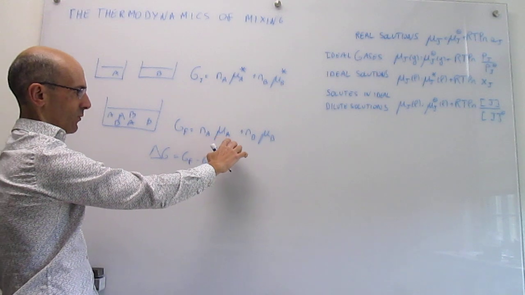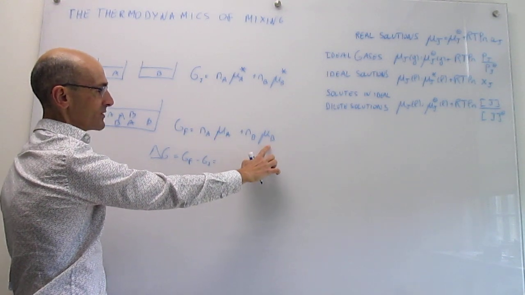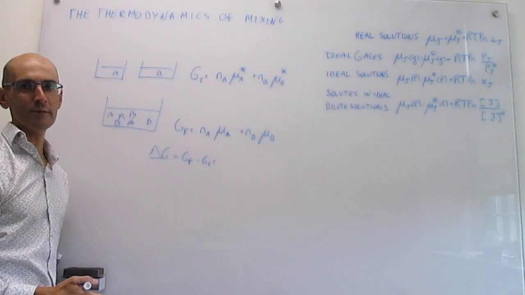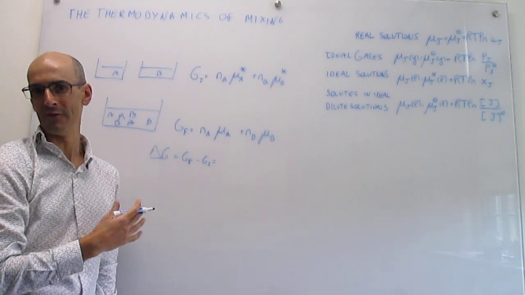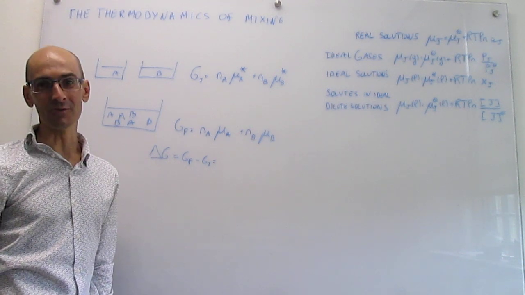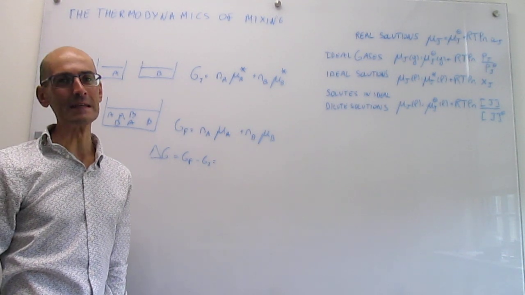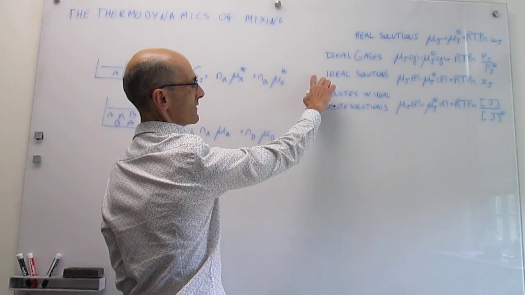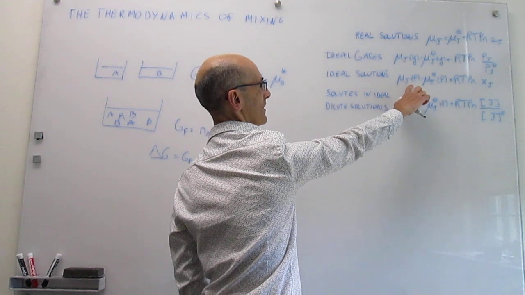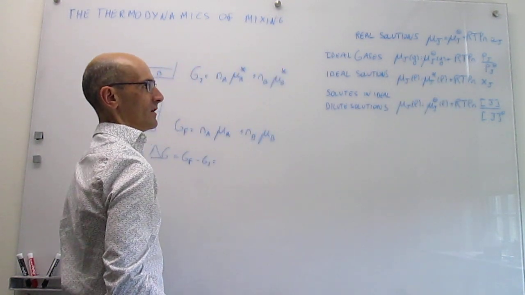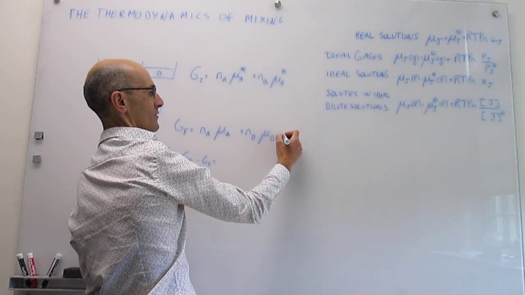So the question is, what expression do we use for these chemical potentials? Fortunately, we have here our menu for chemical potentials under all of the cases that we're going to be working on. And in this case we're going to assume that these substances form an ideal solution. If they form an ideal solution, the chemical potential is just going to be equal to the chemical potential when pure plus a correction from the fact that you're not pure.